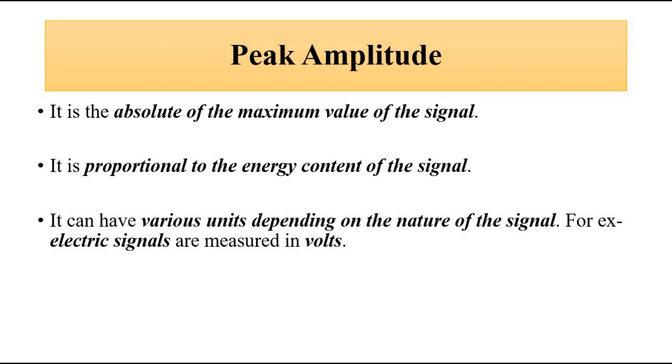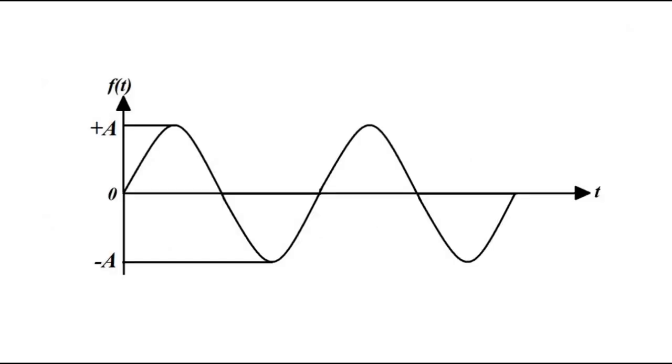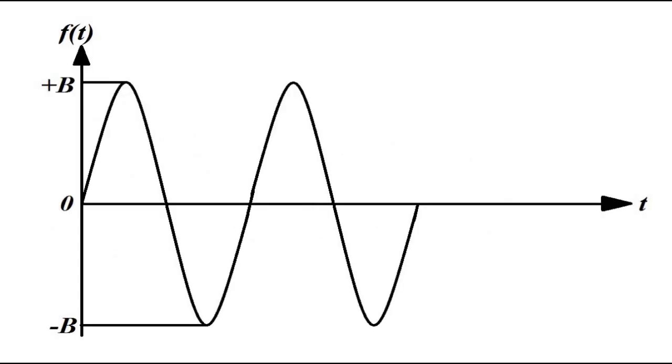For others, in mechanical systems, it can be displacement, velocity, everything comes into play, but we will confine it to electrical systems. So amplitude is the peak value, the maximum value of the signal in both positive and negative directions. Magnitude stays the same, direction is reversed.